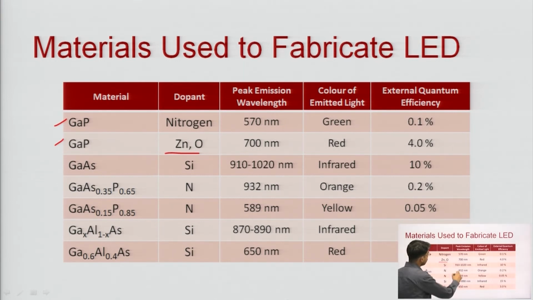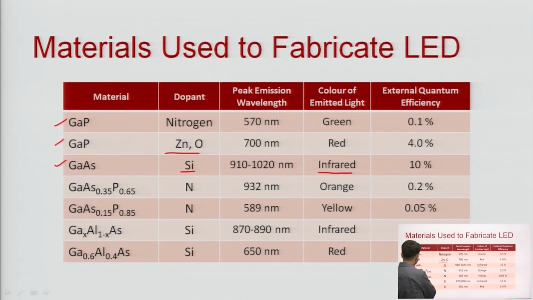So, you can see the peak wavelength of the light that is emitted, and this is the quantum efficiency of that particular material LED. Gallium arsenide, silicon is the dopant. This is an infrared LED. We cannot see the output with our naked eyes. This is an infrared LED. Okay.